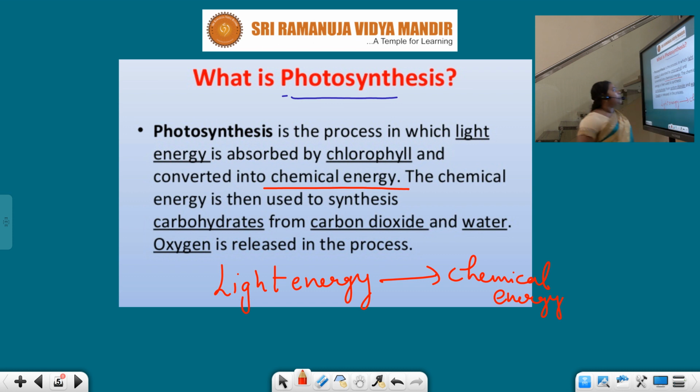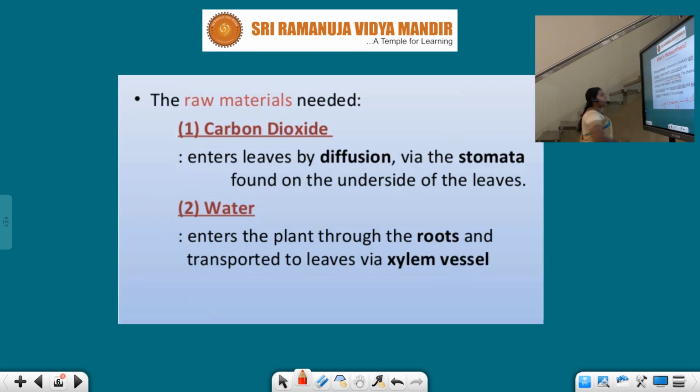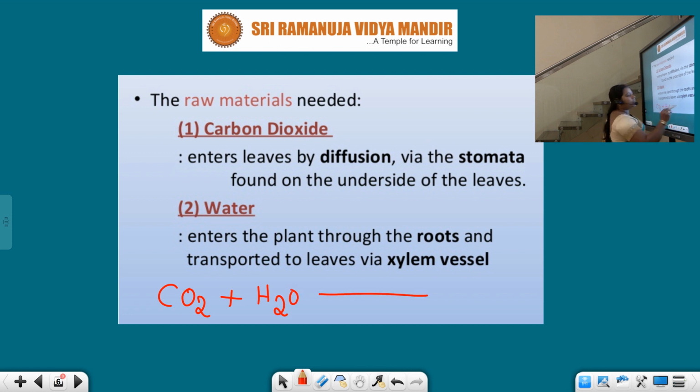Here, let us see the next slide. Carbon dioxide, when mixed with water, gives rise to carbohydrate, C6H12O6, and water and oxygen.